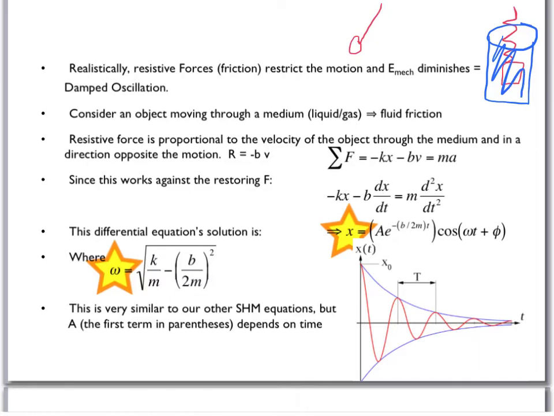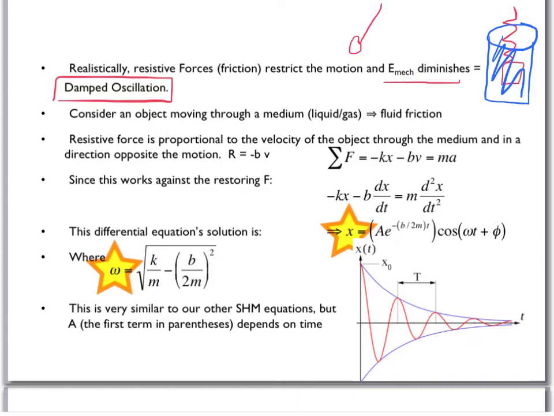What I want you to recognize is that if you have this resistive force acting against you, your mechanical energy is going to diminish. And that's what we call a damped oscillator, or damped oscillations.